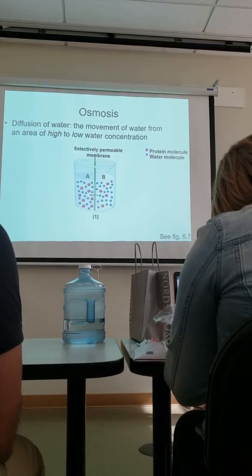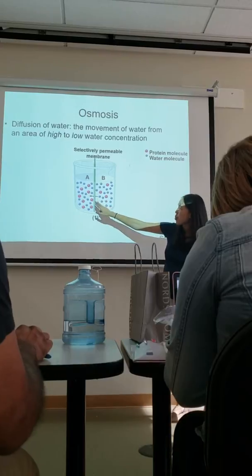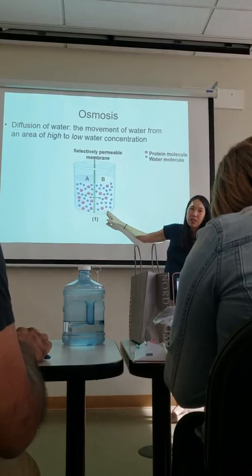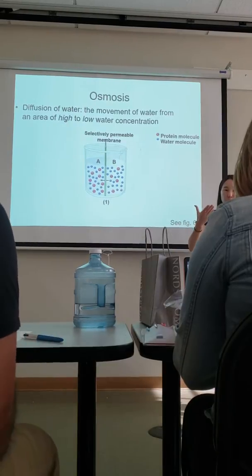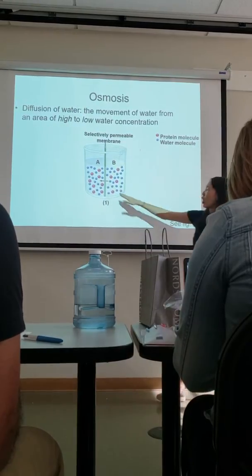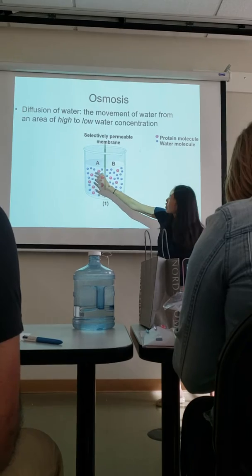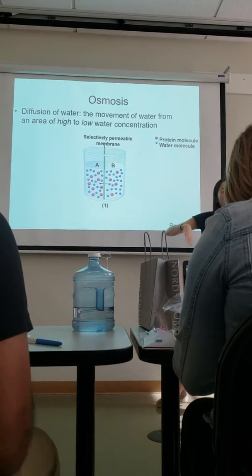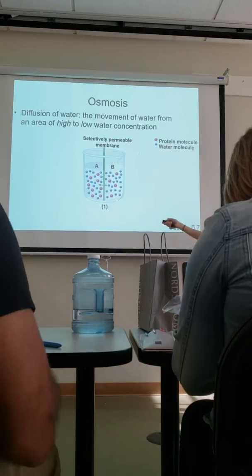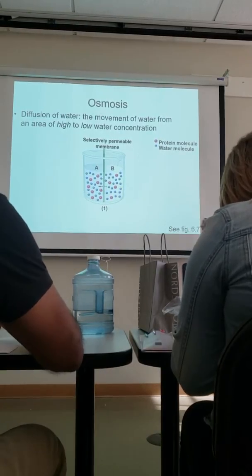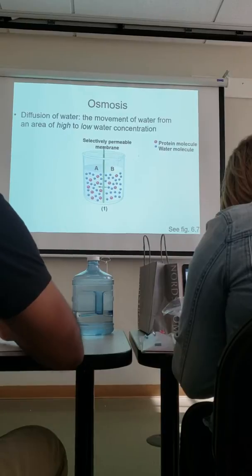So if you take a look, which side has more protein, A or B? A. Okay, so if A has more proteins, or we say more solutes, more proteins or more solutes means less water. So side A has less water or a lower water concentration. Side B on the right, notice has less proteins or less solutes, meaning that it has more water instead.